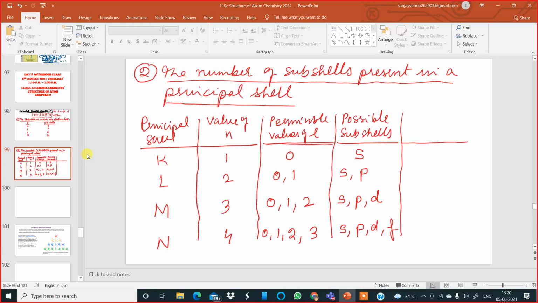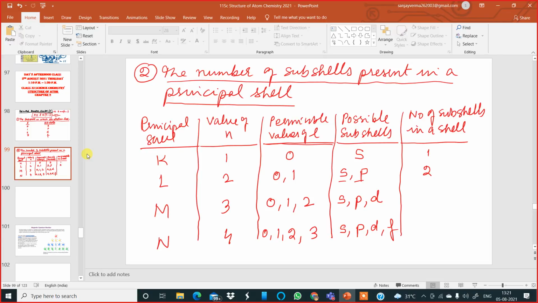Now the fourth column is the number of subshells in a shell. For the s subshell, the number of subshells is one only. In the case of l values 0 and 1, we'll have 1 here, 1 here, so it is 2.